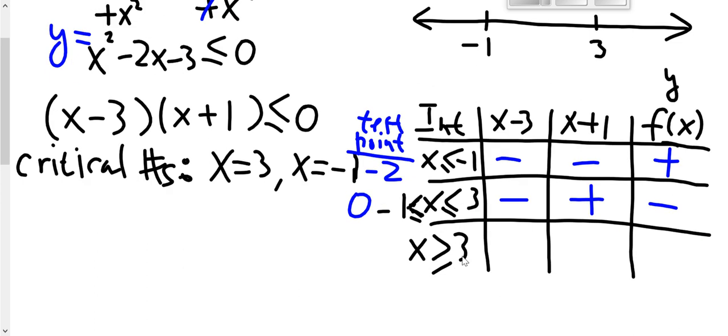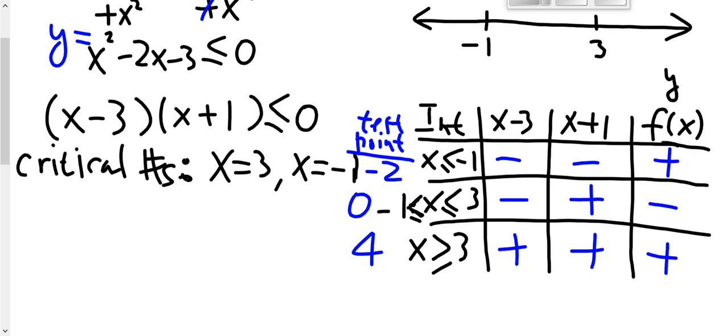Okay, so pick anything greater than or equal to 3. So let's pick 4. So plug in 4 here. That will make this factor positive. Plug in 4 here. That will make this factor positive. And then positive times positive gives you positive.